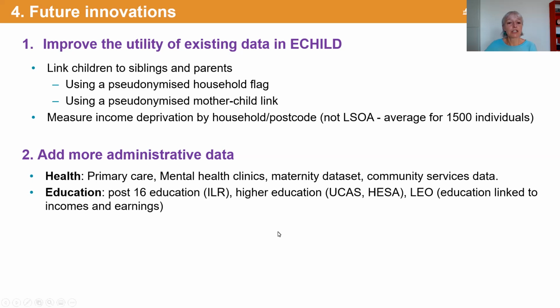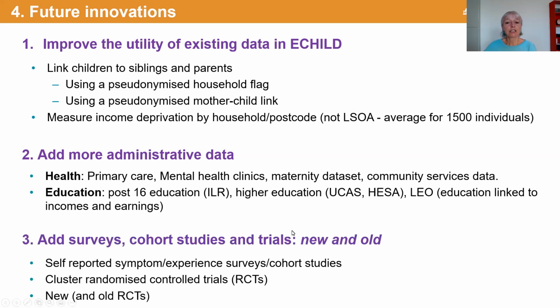The third innovation is to add surveys, cohorts, and trials, whether new or old. A major limitation of administrative data is that it measures contacts with services, not occurrences of events, experiences, or individual perceptions or opinions. Linking in self-report data from surveys or cohorts could therefore plug this gap.